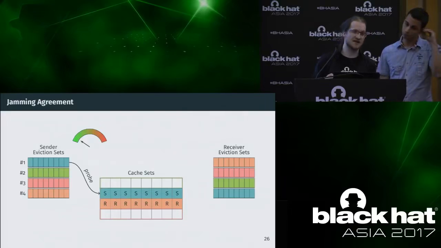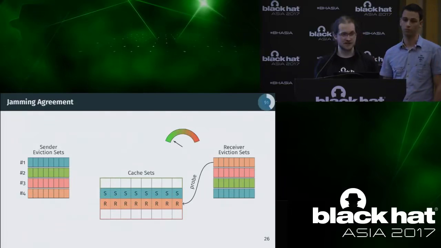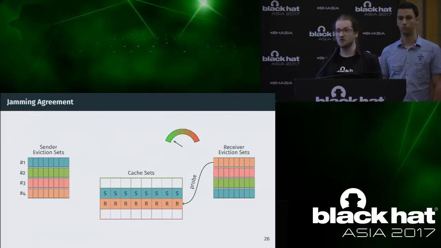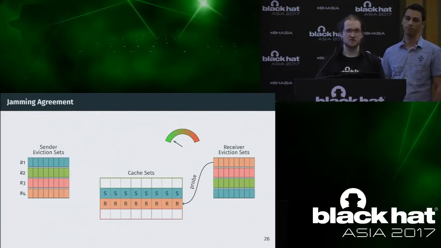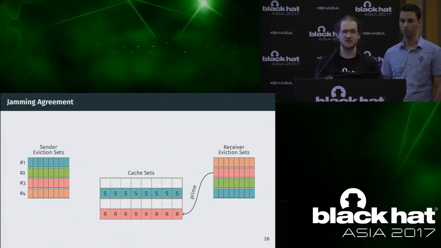If yes, the access time would be long, but it's fast, so we did not find each other. Now the receiver also checks, did I find my sender? In this case, no, we didn't. So the access time is fast, because we know if we access cache data, it's fast. So now we repeat that. We prime, and the receiver also primes again a different cache set, because it tries everything it has.